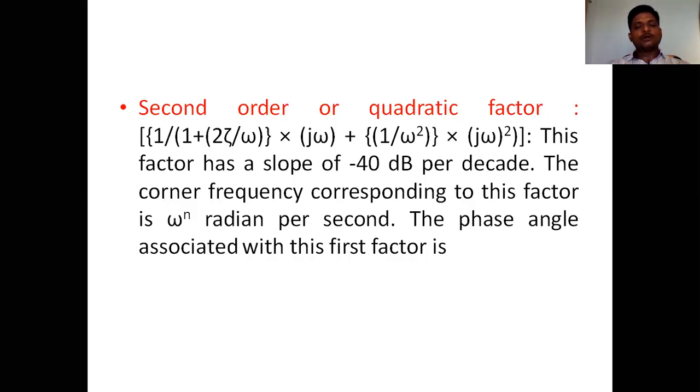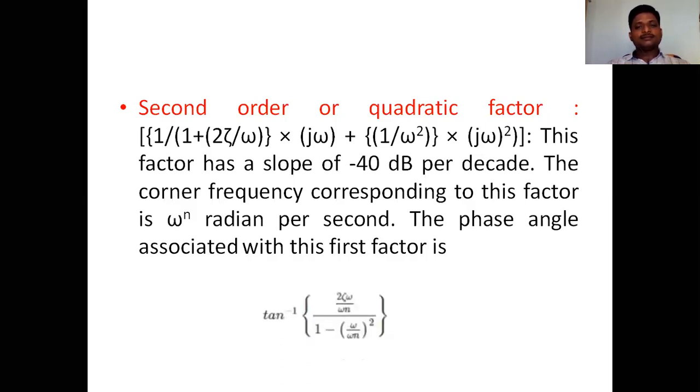In such cases we take minus 40 dB per decade as the slope of this function. And the corner frequency is omega n radians per second.